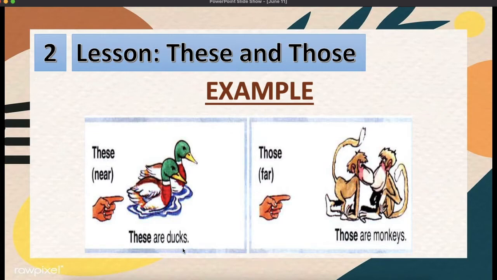These are ducks. Since it is near and we have 2 ducks, we are going to use these. And now we have here monkeys. We have 2 monkeys and it is far. We are going to use those. These are ducks. Those are monkeys.